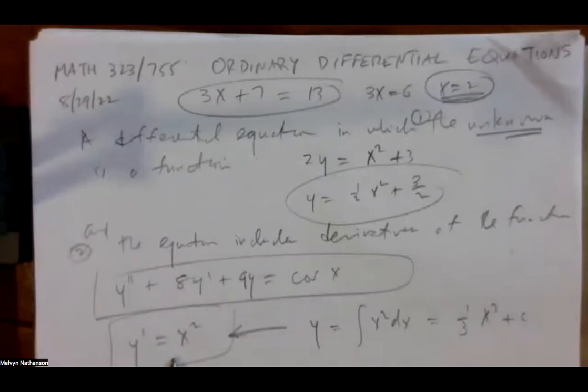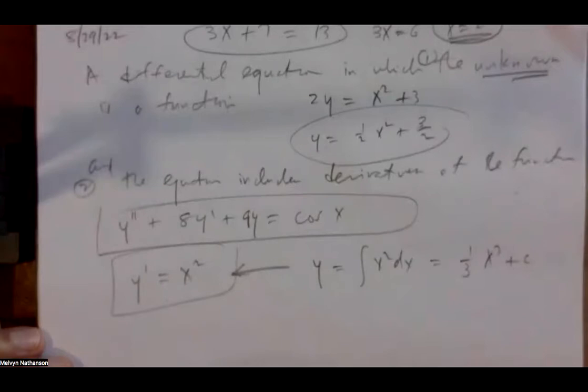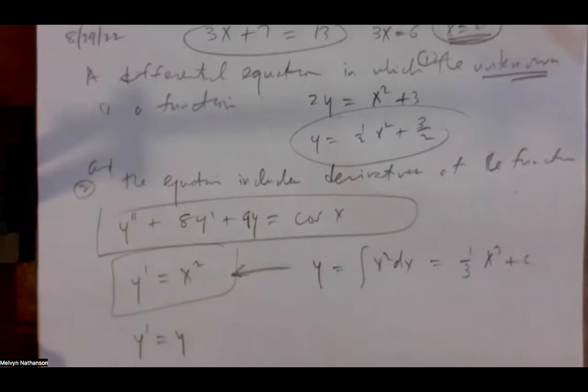So this is a very simple example of a differential equation. The unknown is a function. This makes something that looks maybe even simpler: y prime equals y. Now, this is a little bit more complicated because you can't just integrate something simply to find what y is.